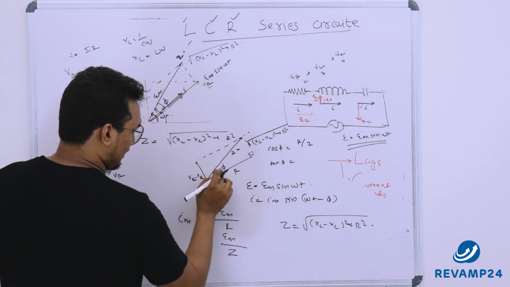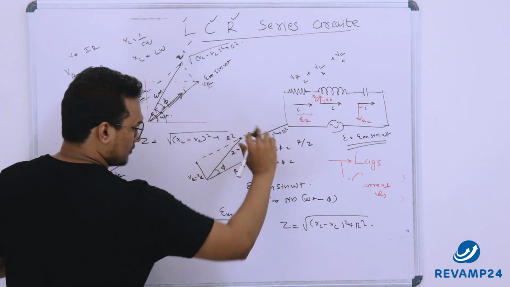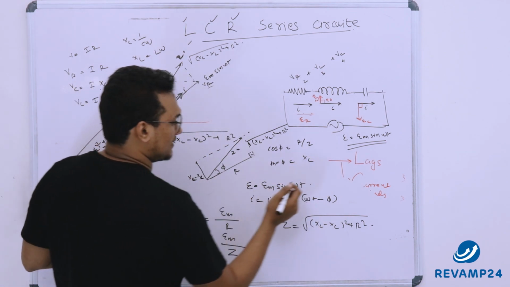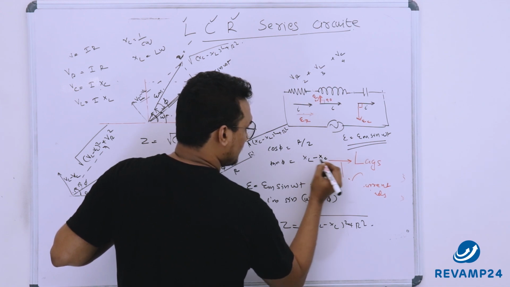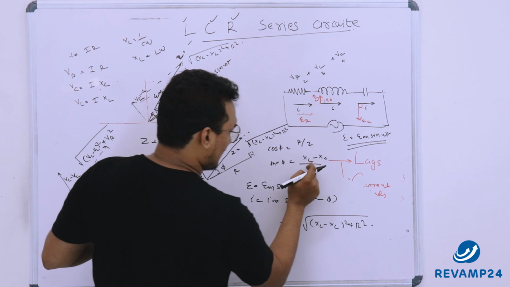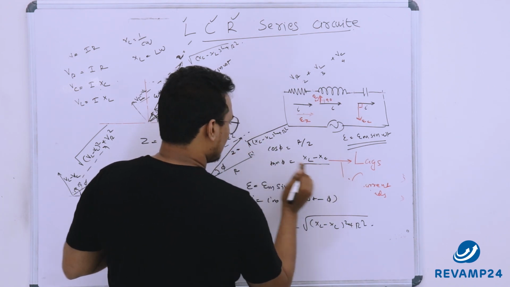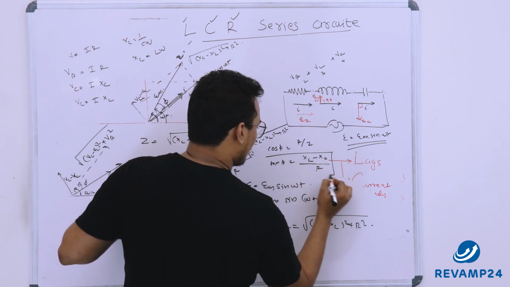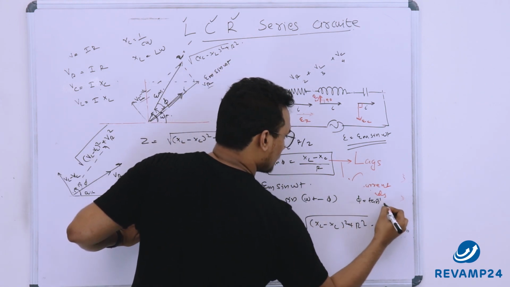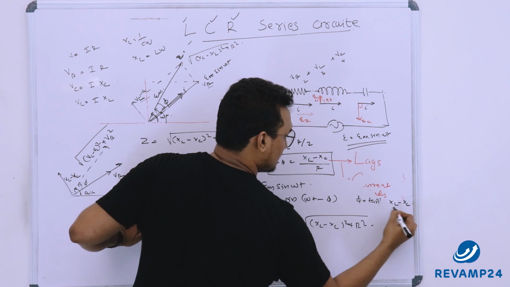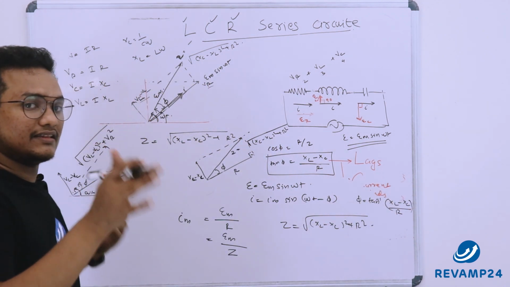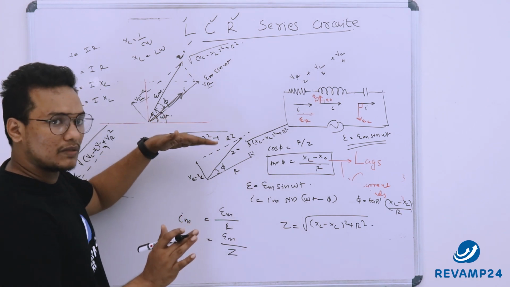XC minus XL, okay, this is opposite. So here in this case it is XL minus XC, the same side. XL minus XC divided by adjacent R is tan phi. So phi is equal to tan inverse of (XL minus XC) divided by R. This can be XC minus XL as well, but in that circuit current would be leading.